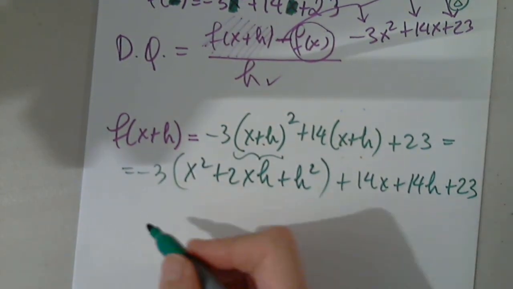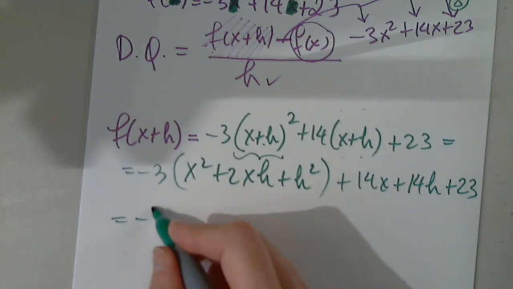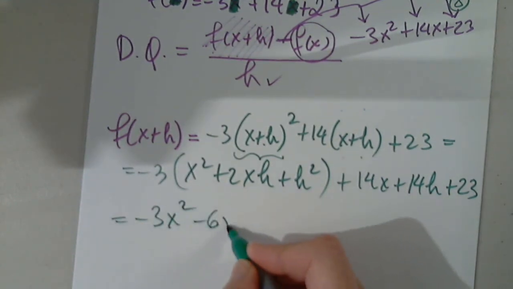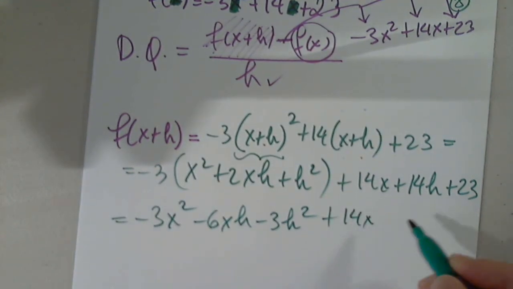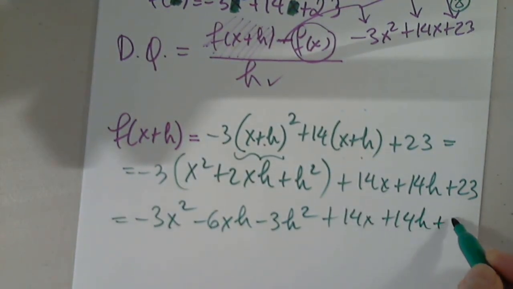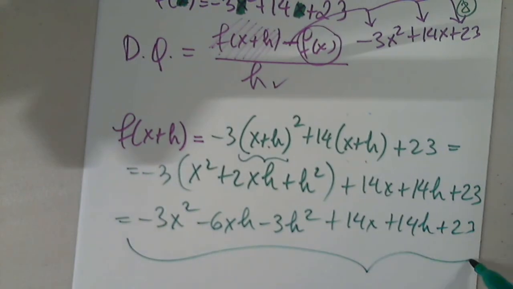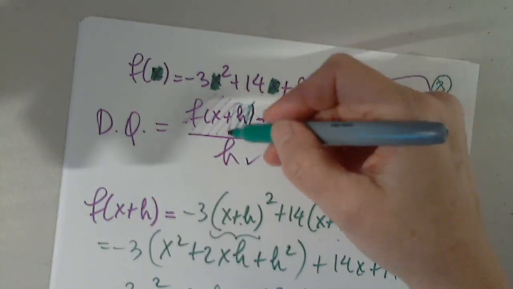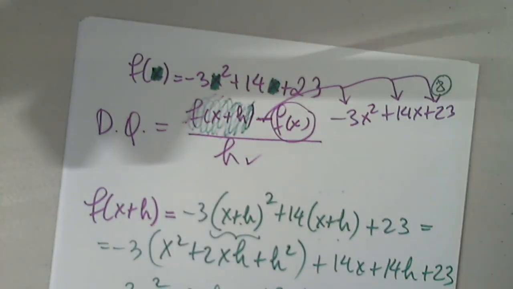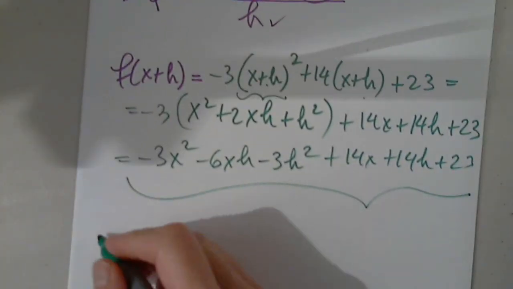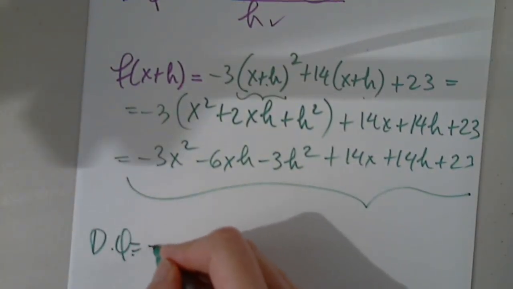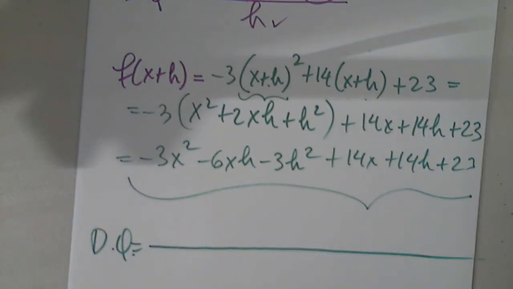I have to distribute negative 3 to these three terms. All this will replace this. So, the difference quotient. Watch me run out of room. I always do.